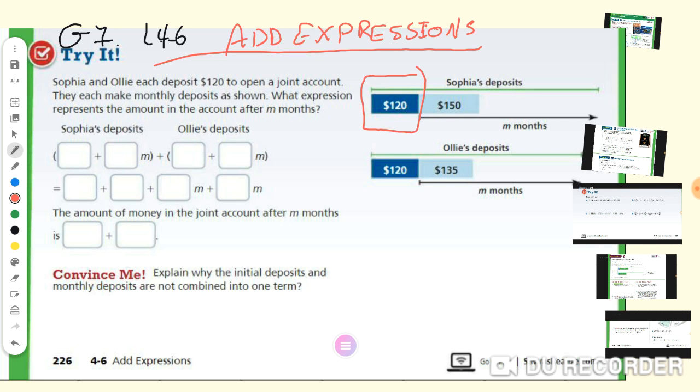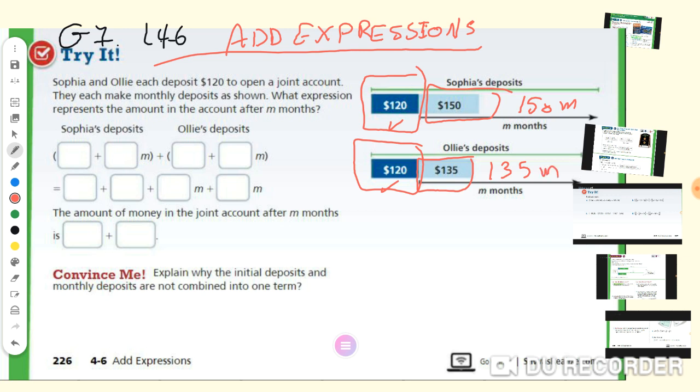Then she will deposit 150 per month, so it's 150m, because it's per month. And Ali deposits 120 as initial fees. So it's constant. By the way, the initial fee is called a constant, because it doesn't have a variable. And per month he will put 135, so 135m.